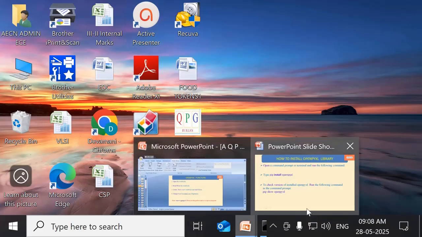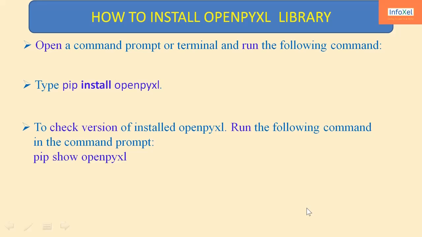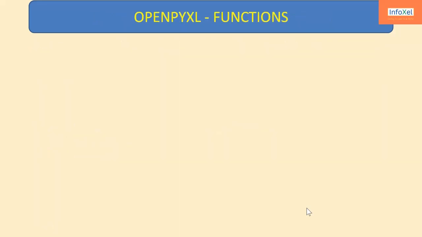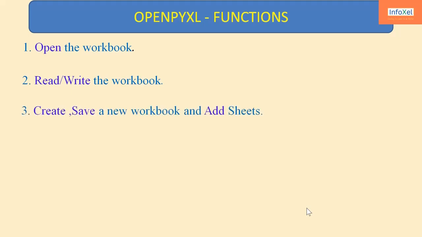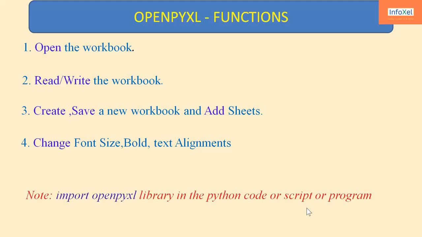Okay, next we will see some functions of Openpyxl. How to open the workbook, how to read and write the workbook, then how to create a new workbook and save a new workbook, add sheets to the workbook, then how to change the font size, font to bold, then text alignments.